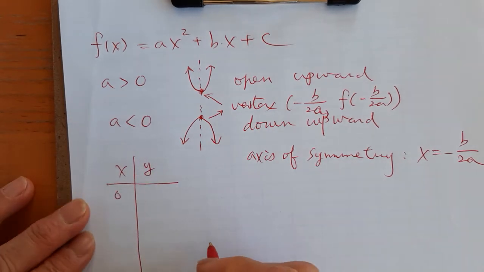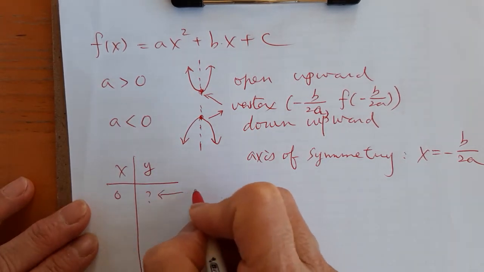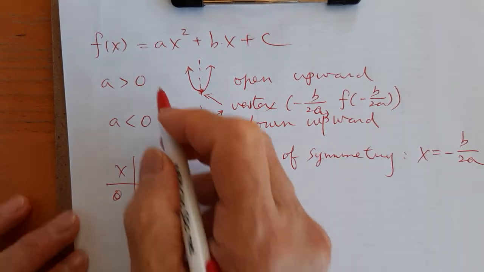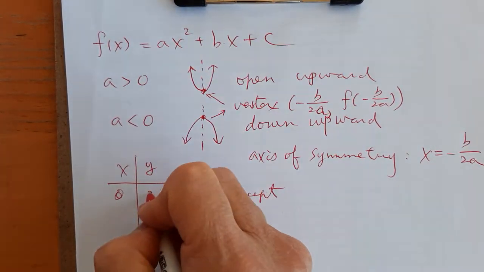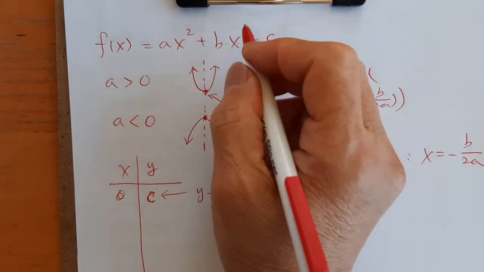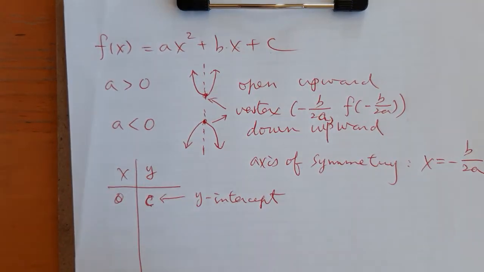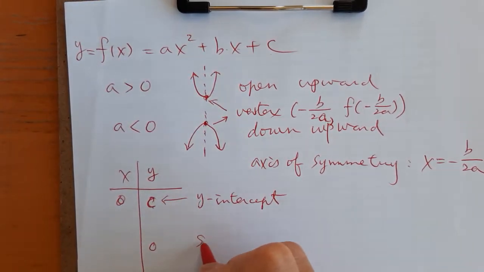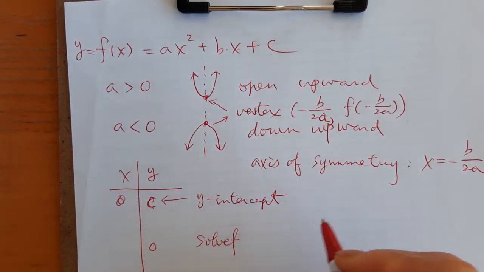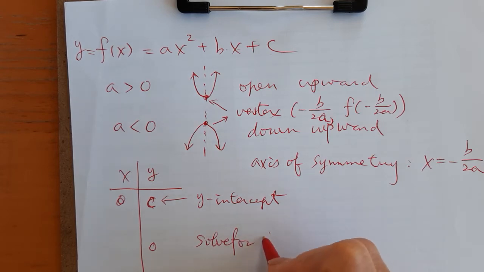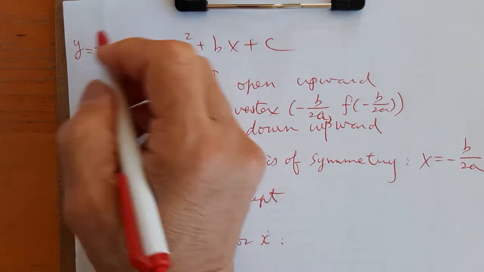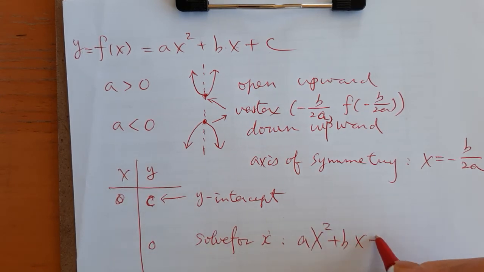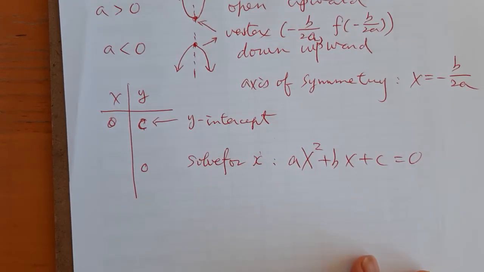You let x equal 0, plug in, and you get c. That's the y-intercept. You let y equal 0 and solve ax squared plus bx plus c equals 0 for x.